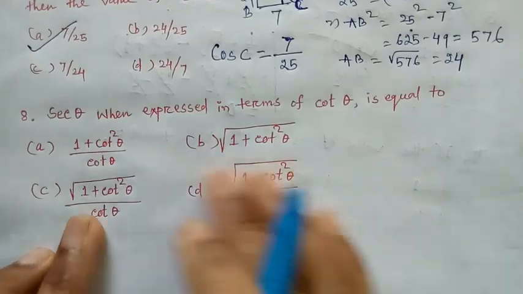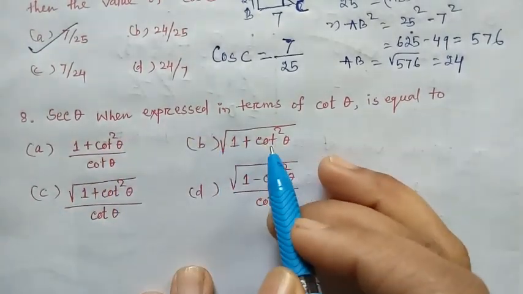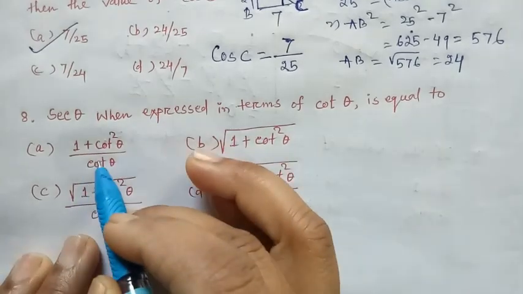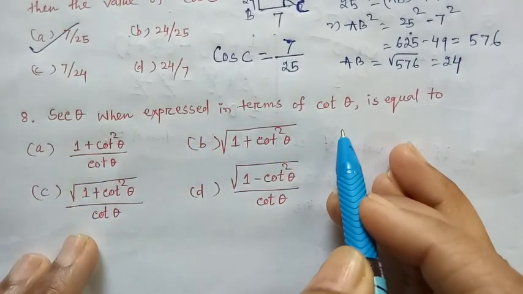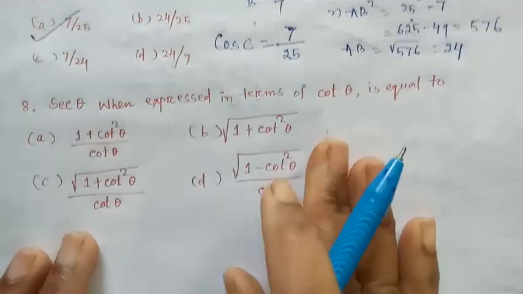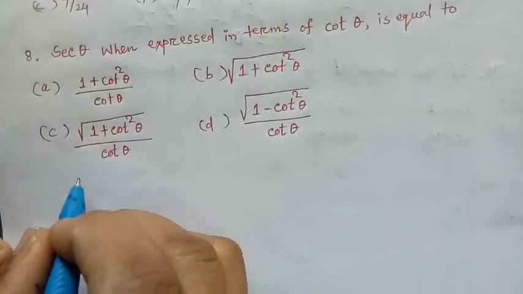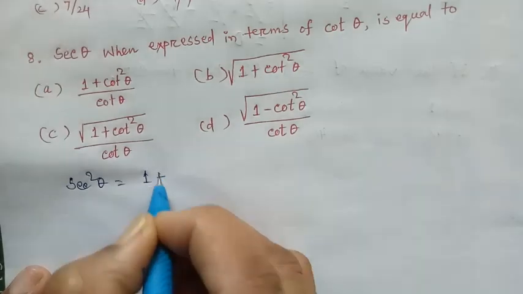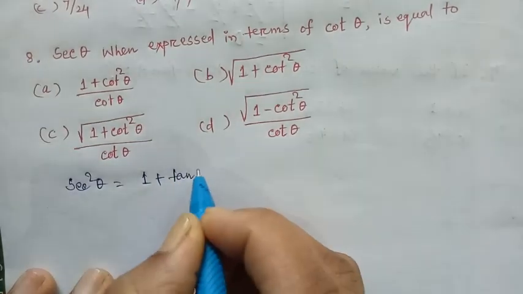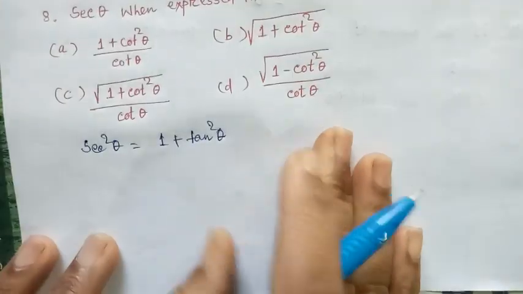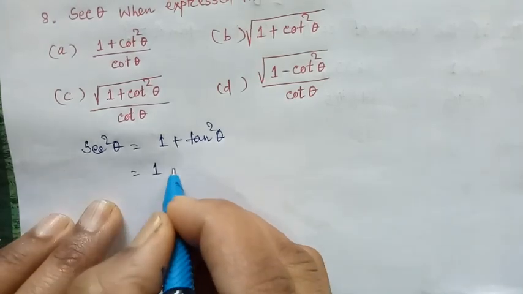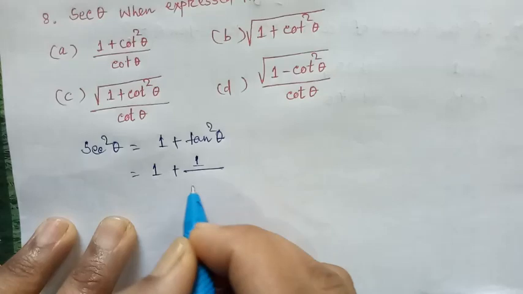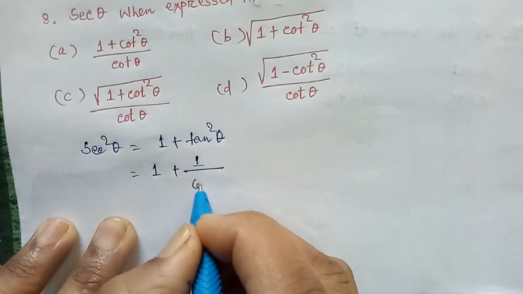Next, sec theta when expressed in terms of cot theta is equal to. We have to express sec theta in terms of cot theta. Okay, so sec theta, from the identity sec square theta is equal to 1 plus tan square theta. That is equal to 1 plus 1 upon cot square theta.